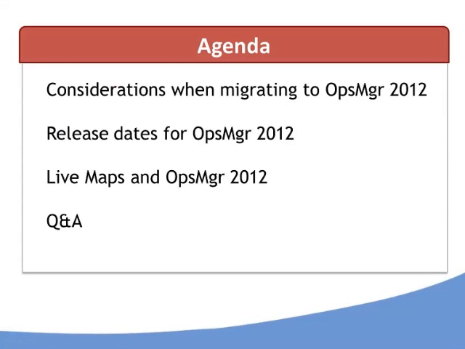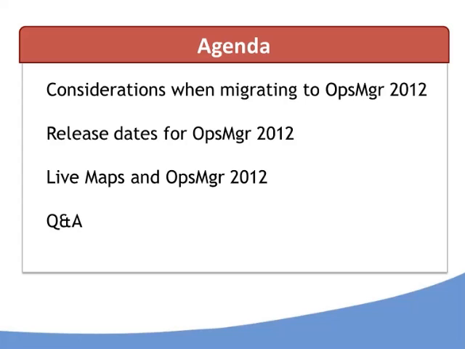So with that, let me start off with an agenda. My first and primary focus, and almost the entire discussion, will be around considerations when migrating to Operations Manager 2012. We'll do a brief stopover with release dates related to Ops Manager 2012. We'll talk about live maps and how we're going to handle things between live maps and Ops 2012.